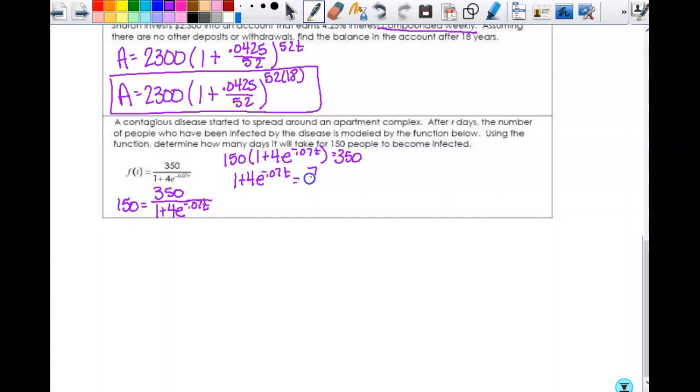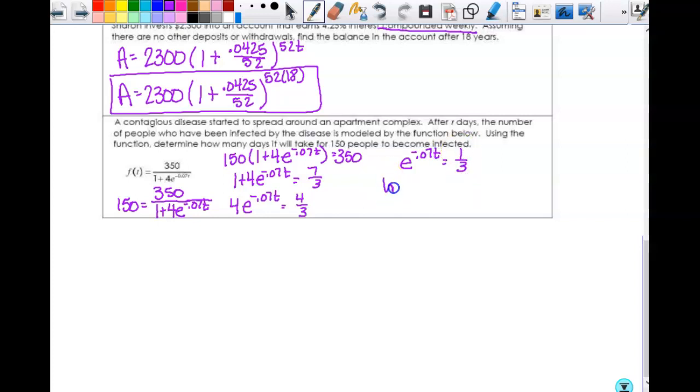You will get 7/3. Then I'm going to subtract 1 from both sides, so 4 times e to the negative 0.07t power equals, well, 7/3 minus 1 would be 7/3 minus 3/3, so that gives me 4/3. Then I'm going to have to divide by 4. Well, 4/3 divided by 4 is 1/3, so this leaves me e to the negative 0.07t power equals 1/3.